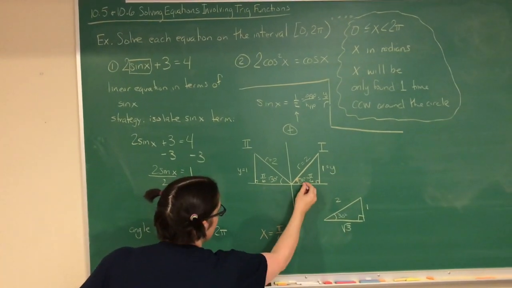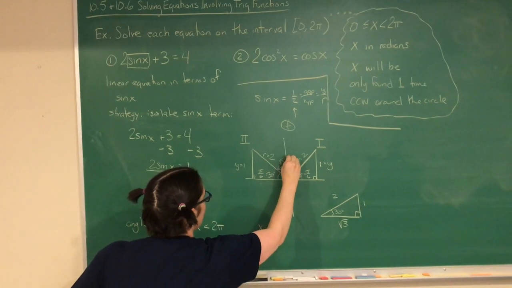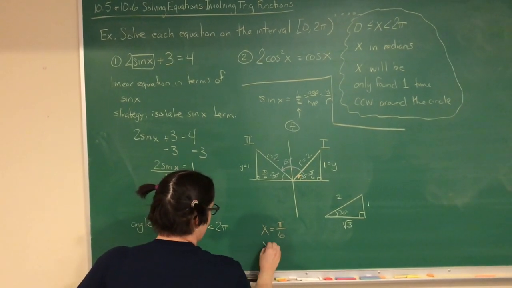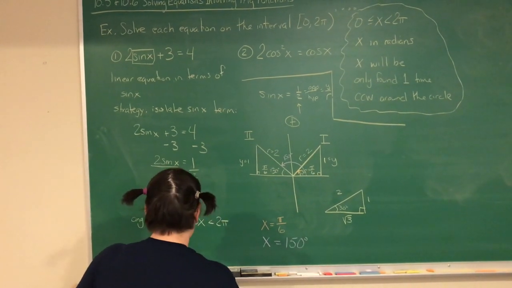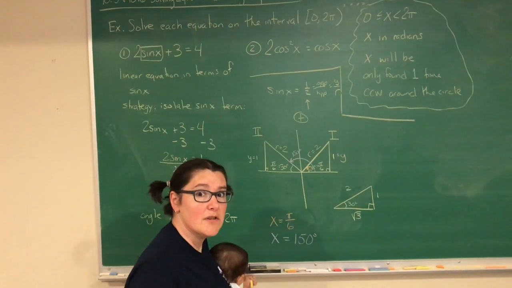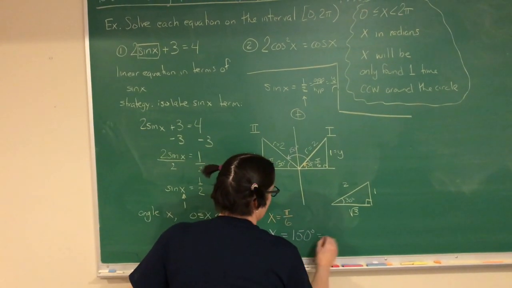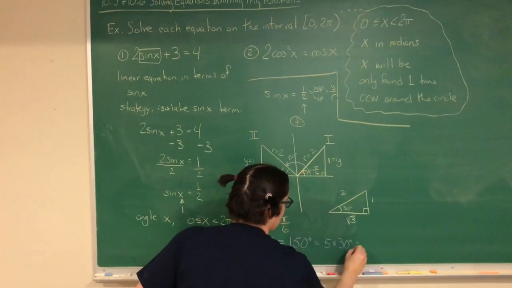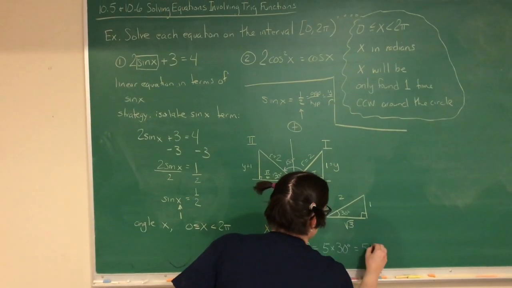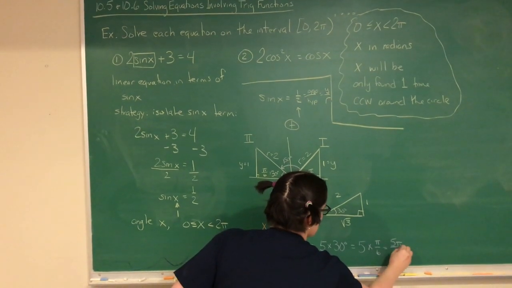So if I look at that angle, it is 150 degrees. So we have x equals 150 degrees. And I can choose my favorite way to turn that into radians. One way is I can think of this as 5 times 30 degrees, so that's 5 times pi over 6, or 5 pi over 6.